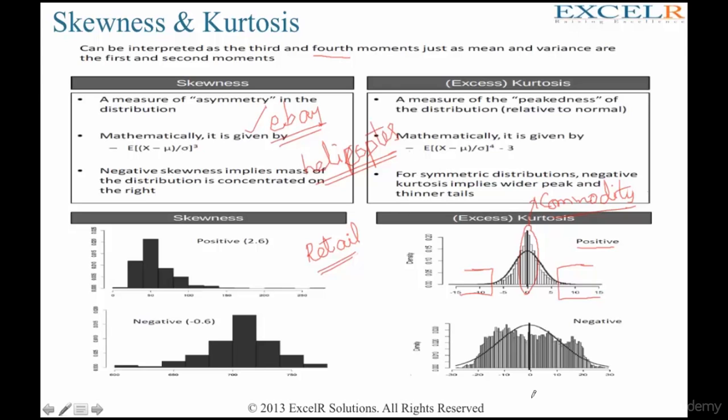All right. Now let us look at this. If you get a negative kurtosis, that means there is a wider peak. Your commodity products are not getting sold to the extent that you want to sell them. So what's happening here? Your milk packets, your bread packets, your bananas, etc. are perishable goods.